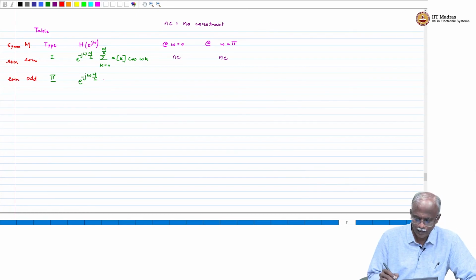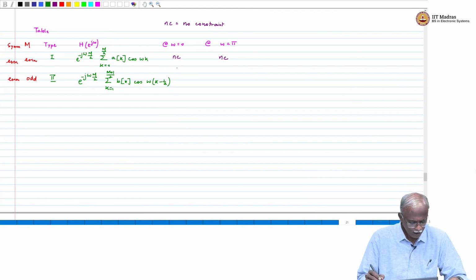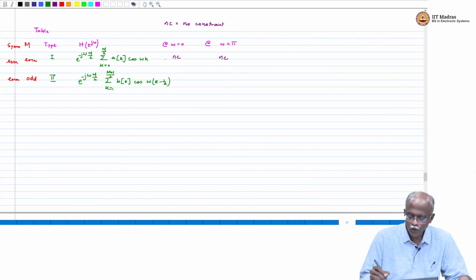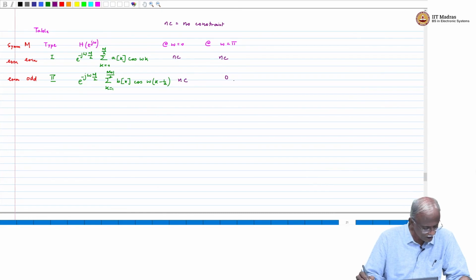We can capture that, and the summation will be k equal to 1 to (M+1)/2 of b[k] cosine ω(k minus half). Okay, a constraint. No constraint at ω equal to 0. There is a constraint at ω equal to π, that the magnitude response will always be 0.